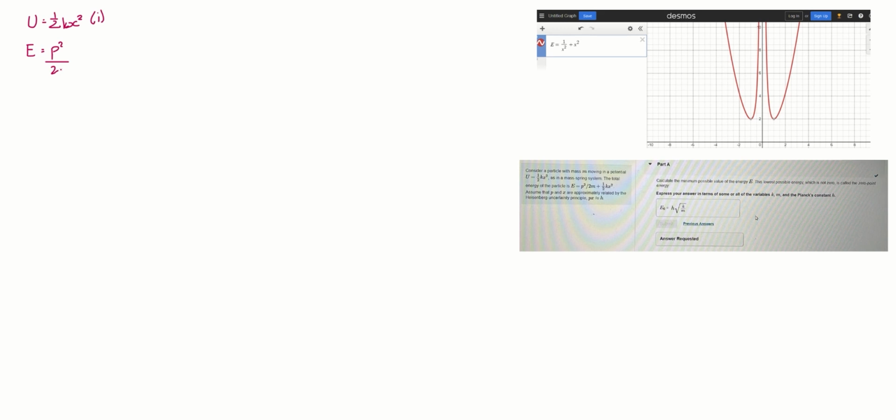Of course, this looks like more of a quantum thing, but this is why you study oscillators, the most simple one, a mass on a spring, because it's very similar to what happens to particles moving at the quantum level. So E, this is the important equation, equals p squared over 2m plus a half kx squared.